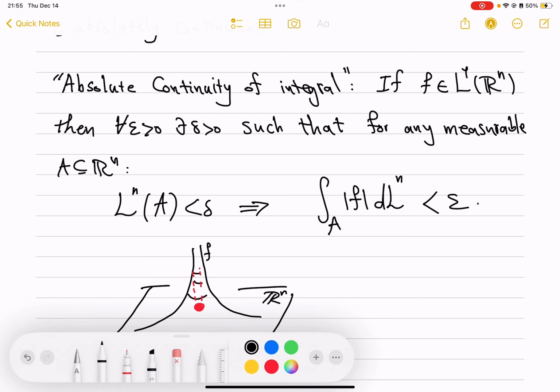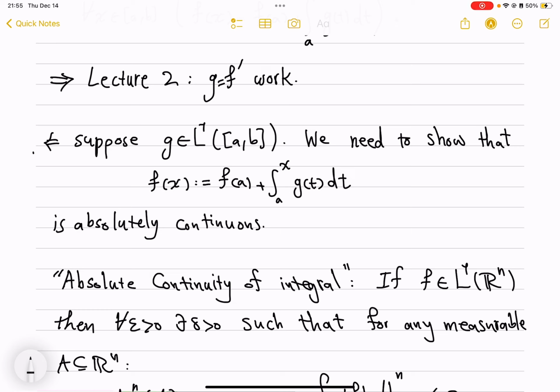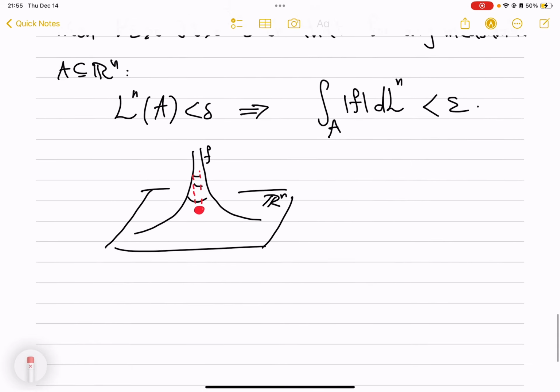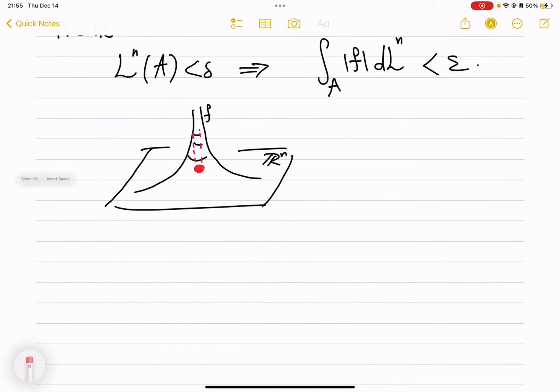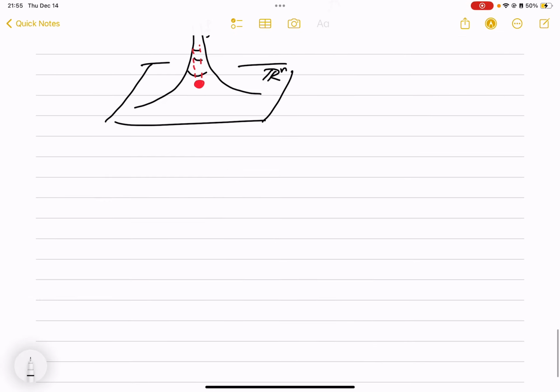Now, what does this have to do with the situation at hand, the absolute continuity of the function? We want to show that this function is absolutely continuous. Then what can we do? We take a partition, obviously, that is the proof.